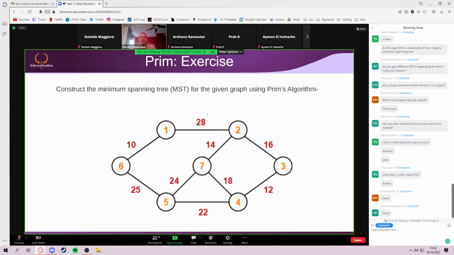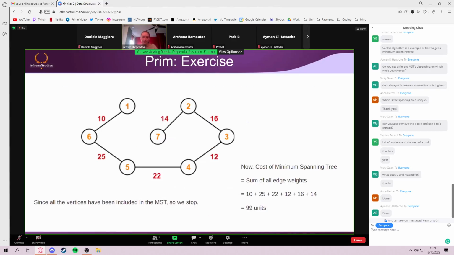All right, let's go into it. So this is a version of the answer. If we calculate this one, the weight should be 99 units. So check your tree, and if it looks different but also has this minimum total weight, then it should be a correct answer, as long as it has no cycles.